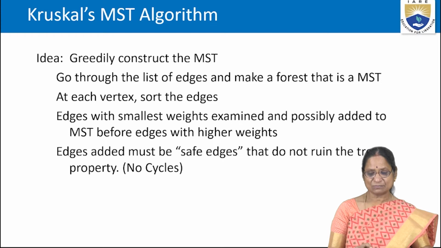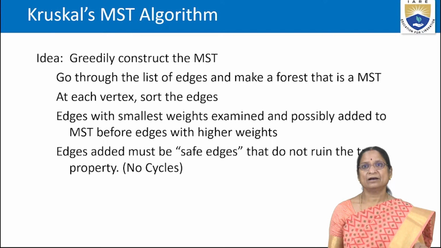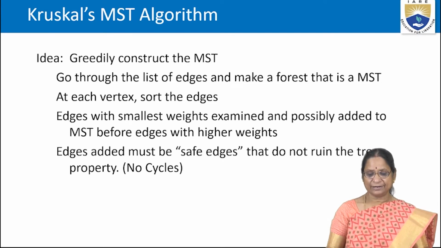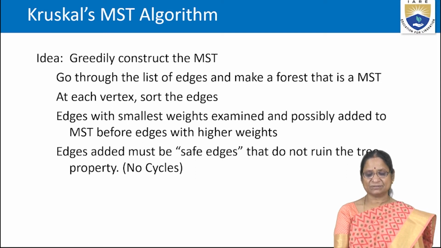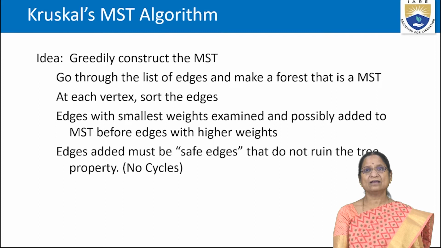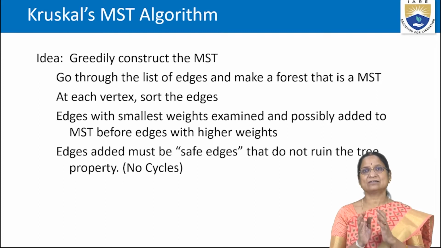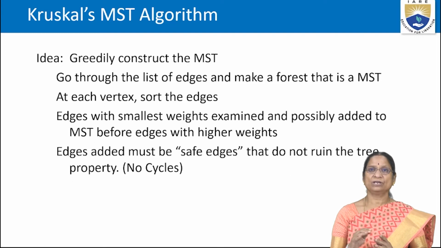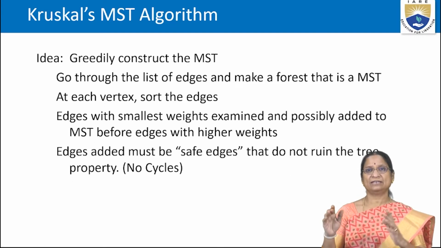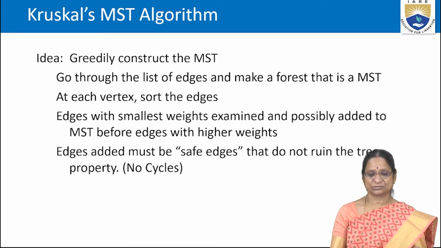So the edges with the smallest weights are examined and possibly added to the minimum cost spanning tree before the edges with the higher weights. That means while doing this process, the least cost edges are considered initially, and we keep adding one by one so that finally we'll get the larger values.